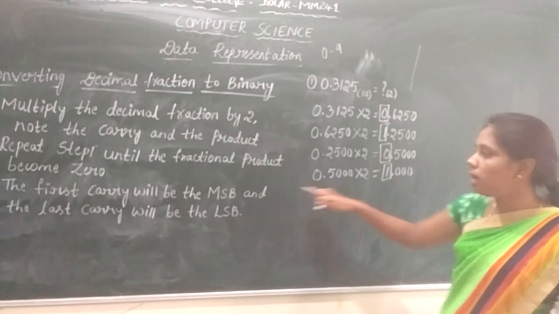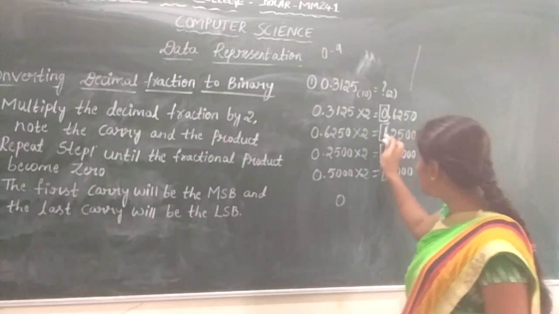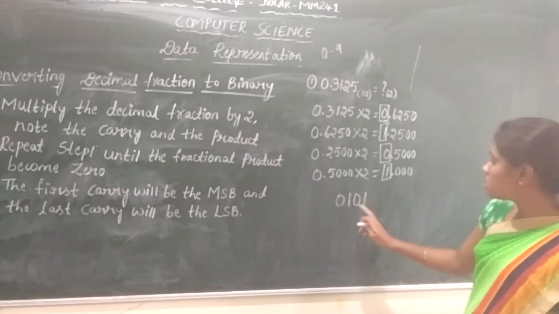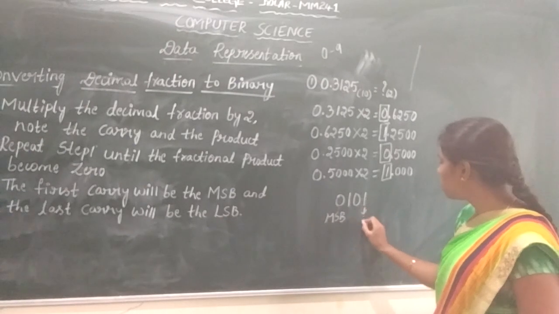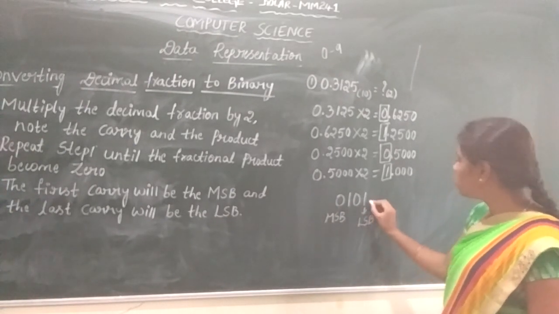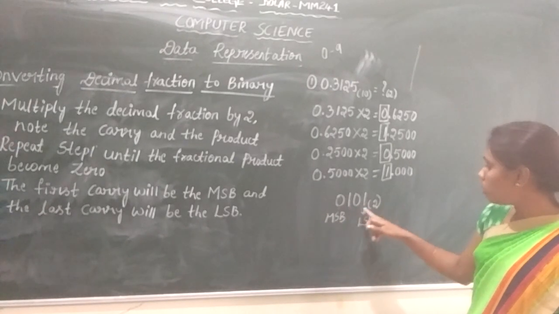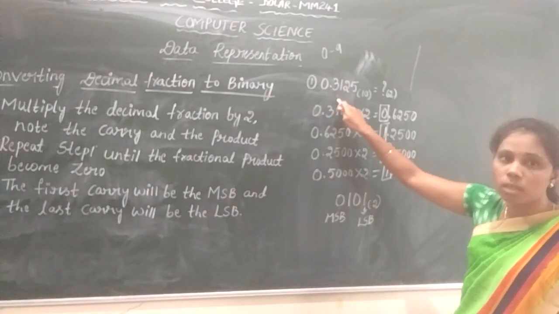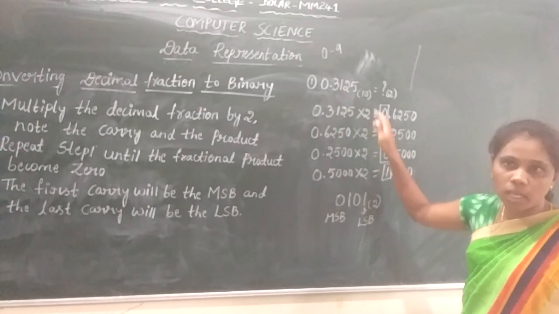We stopped here and in the last we consider from top to bottom, that is 0, 1, 0, 1. So this is your MSB, this is your LSB, and you need to mention the base as 2. So this is the binary equivalent value for the given decimal fraction 0.3125. Next we will see one more example for the same conversion.